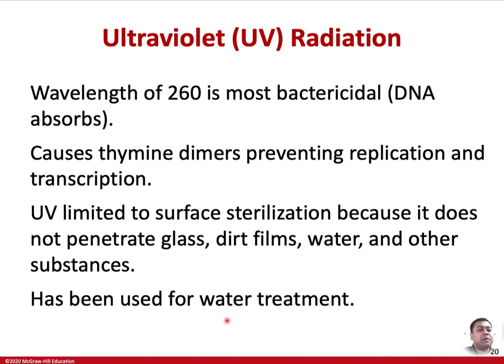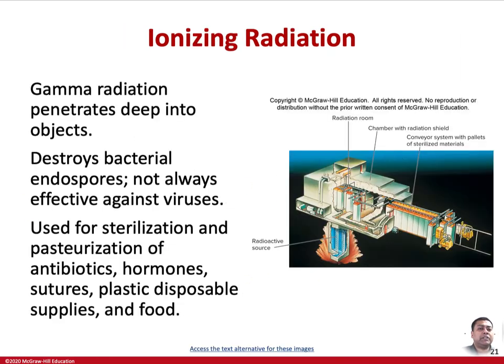So a thin stream of water is passed through that, and as the water is passing through that thin stream, the ultraviolet can sterilize or kill the microorganisms that are present in that portion. So these are some of the applications of this ultraviolet radiation.